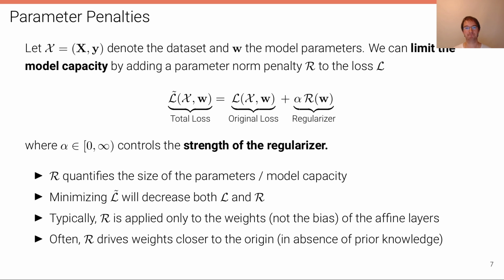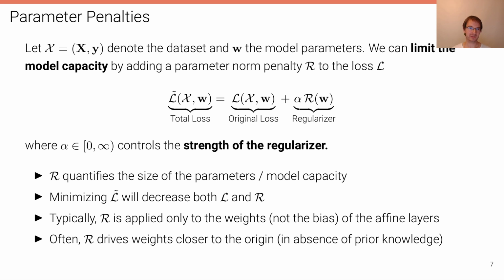In a multi-layer perceptron, this would be a big vector that concatenates all the flattened weight matrices A, as we called them before. We take all the weight matrices A of all these layers, flatten each of them, and stack them together into a big vector. This is what we generically call W here.